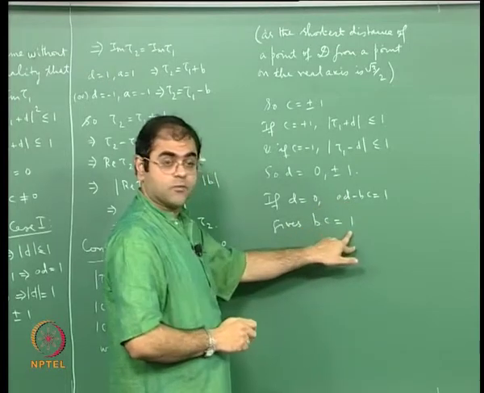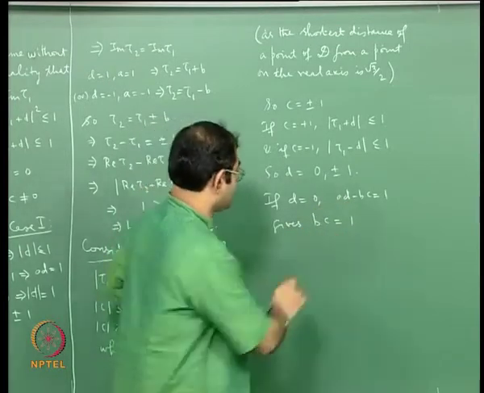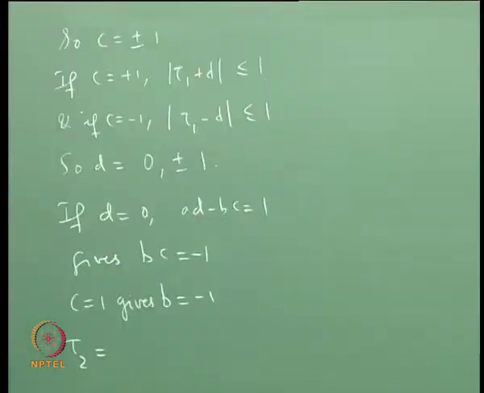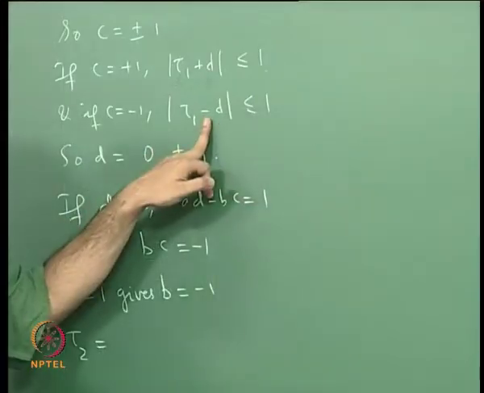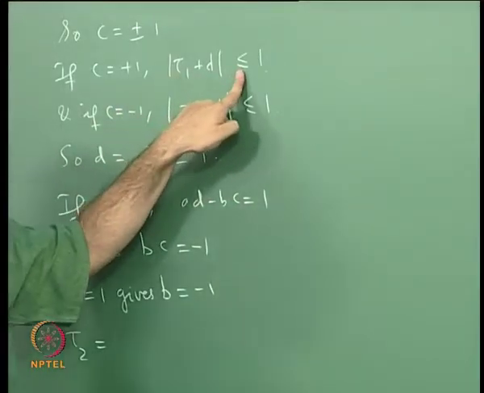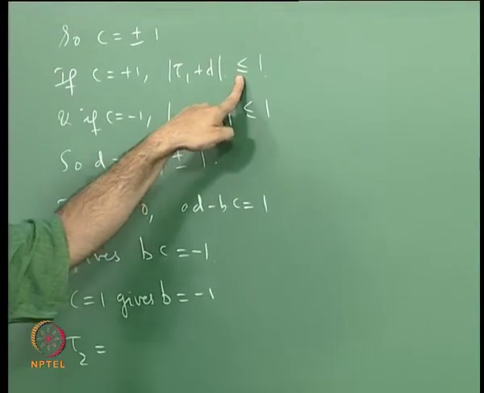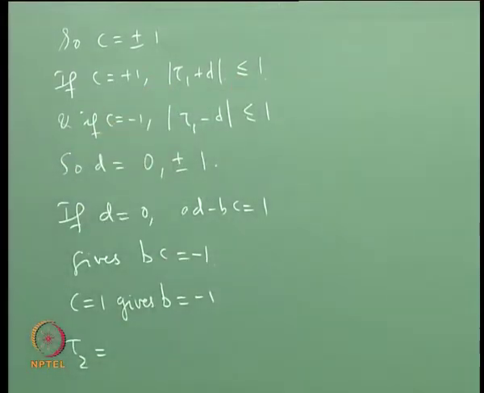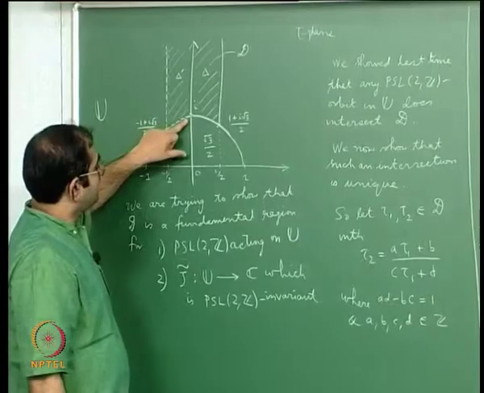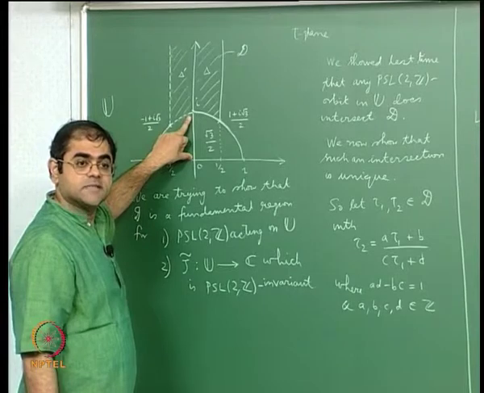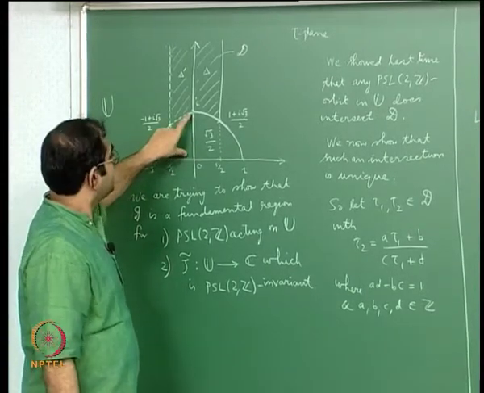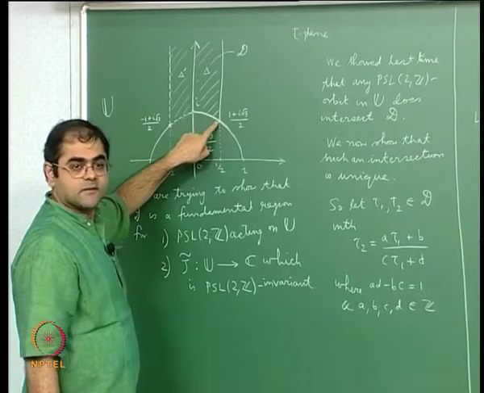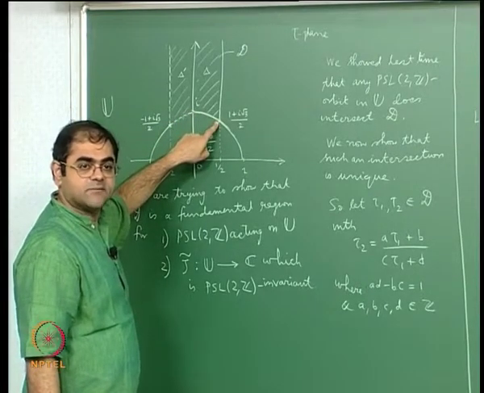And I should say, before I said all this, if d is 0, the condition is mod tau 1 is less than or equal to 1. So tau 1 is in script d and the distance of tau 1 from the origin is less than or equal to 1, so it is actually equal to 1, and it means that it has to lie only on this semicircular arc. That is a deduction that we have to make.